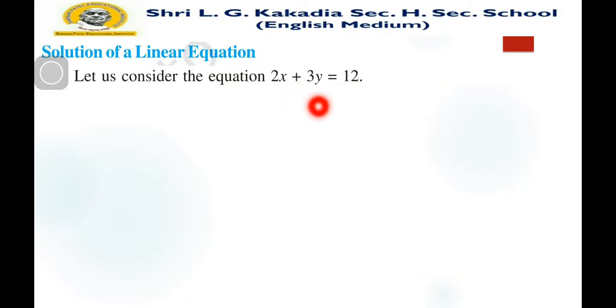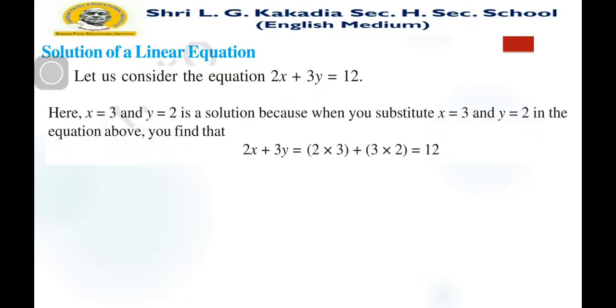We want to make 12 equal to 12, so we have to take the values of x and y in such a way that after multiplying 2x and 3y and adding both terms, we get 12.